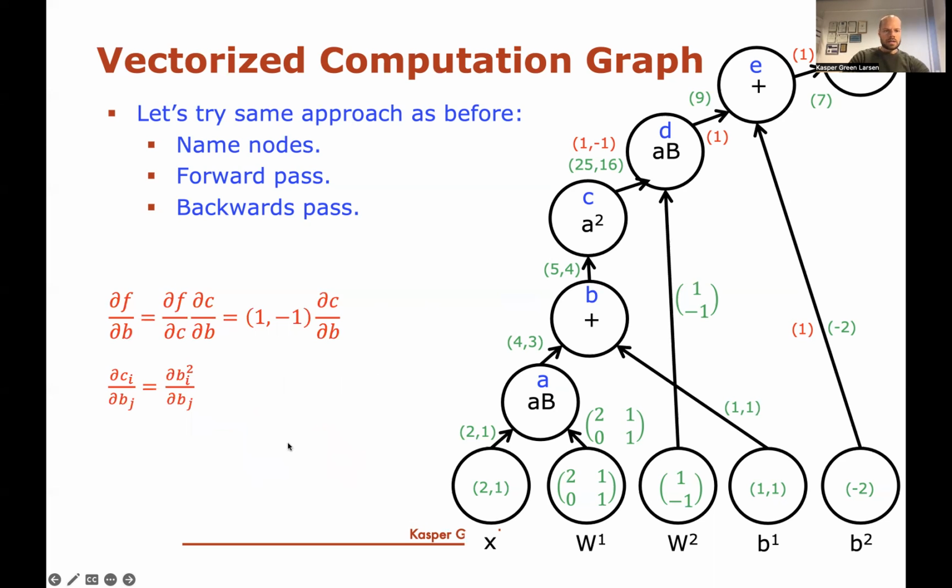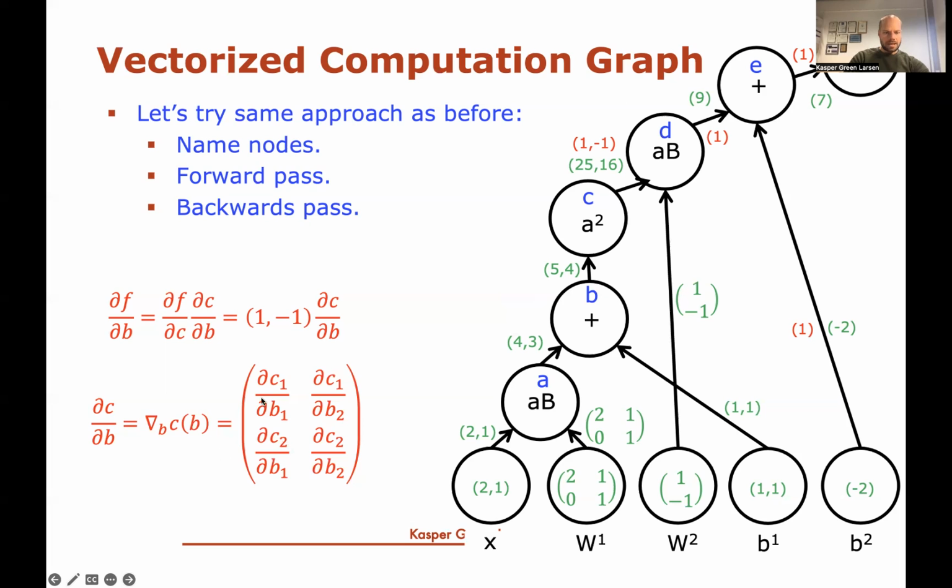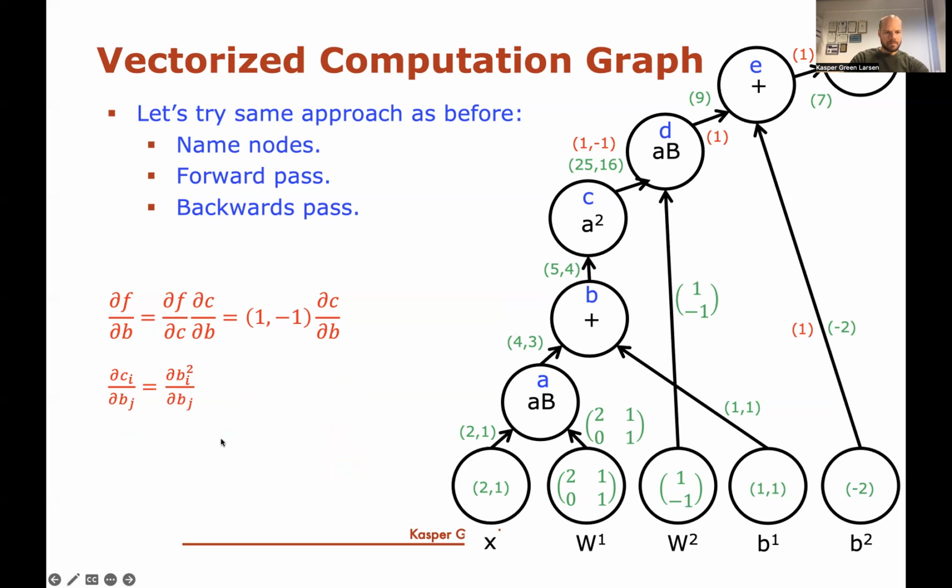Okay. So what are these entries? We need to figure out what are these partial derivatives of Ci with respect to Bj. So we look at what is Ci, right? What is the C function doing? It's squaring each of the individual entries. So the first entry is going to be the first entry of B squared. So Ci is Bi squared, and we have to look at the partial derivative with respect to Bj.